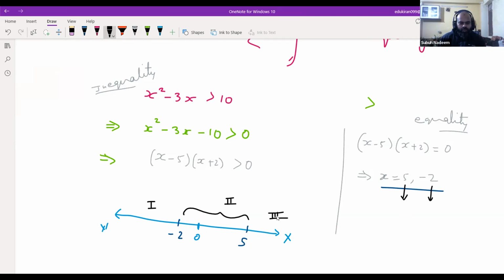Now the rightmost region, which is the third region, will be positive because the sign outside is positive, +1. As nothing is written, that means it is +1. So you take positive, this one. Then when you cross 5, you will come to negative, as we mentioned in the sign scheme earlier.